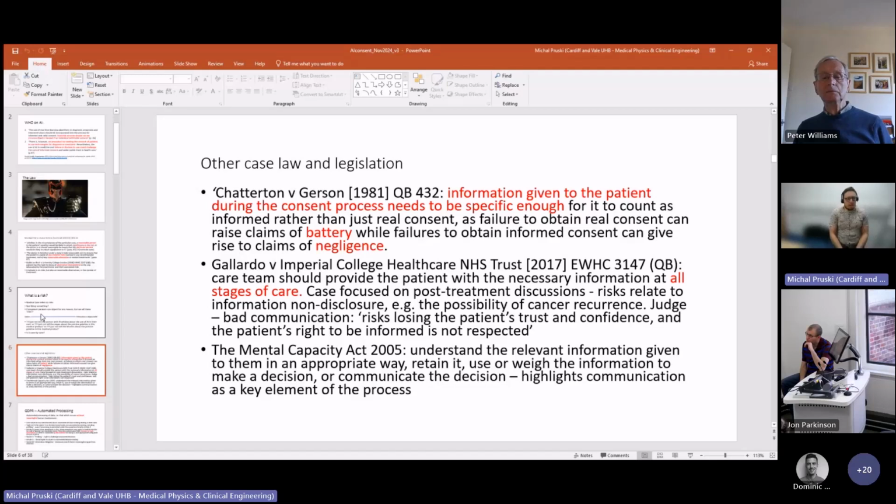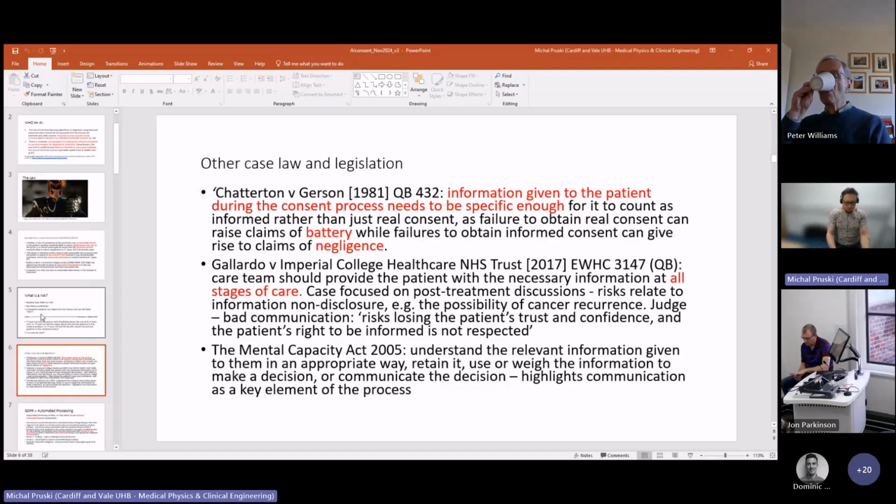But there's also the Gallardo case, and that talks about the fact that information needs to be given at all stages of care, because there are risks related to things that can happen after an intervention, such as cancer recurrence. But one of the important things that the judge stated in this case is that bad communication risks losing the patient's trust and confidence, and that the patient's right to be informed is not respected.